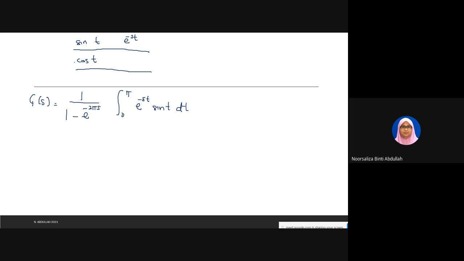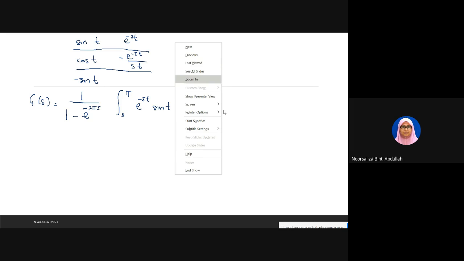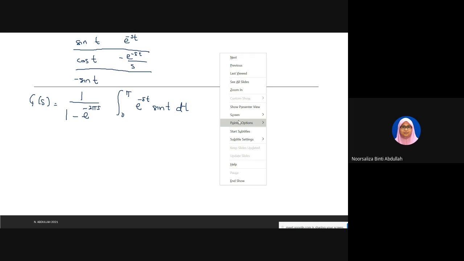Awak differentiate cos t, awak dapat negative sin t. You integrate exponent, you get negative exponent minus st over s. Betul? And then you integrate lagi yang ni, you akan dapat exponent minus st over s square.